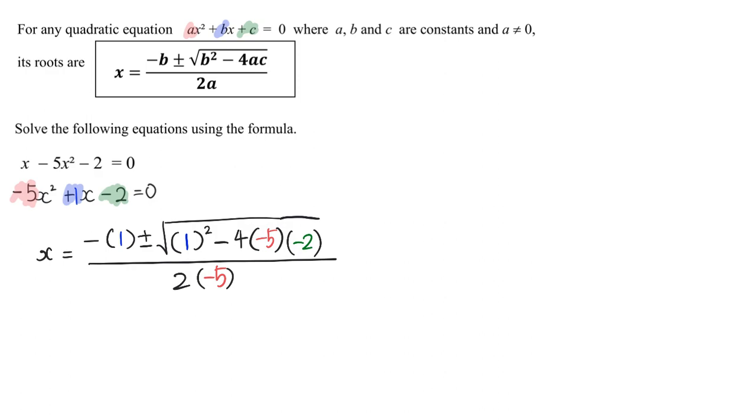And I'm going to continue to simplify. Negative 1 plus minus the square root of, and the square root will be negative 39 over negative 10.